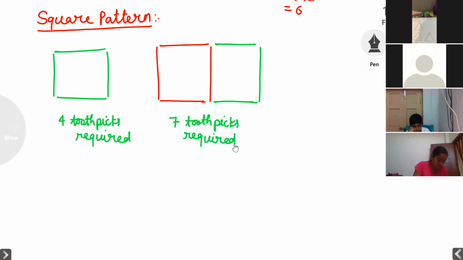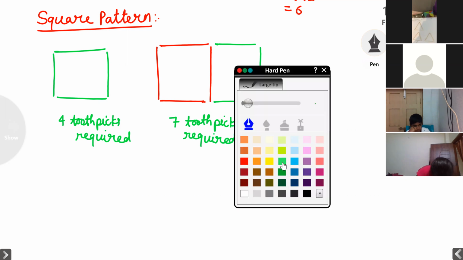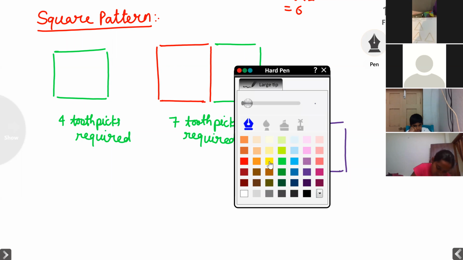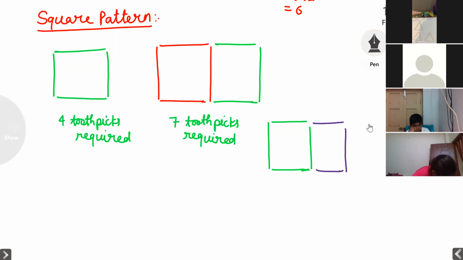If I want to draw 3 squares, how many toothpicks are required? 10.